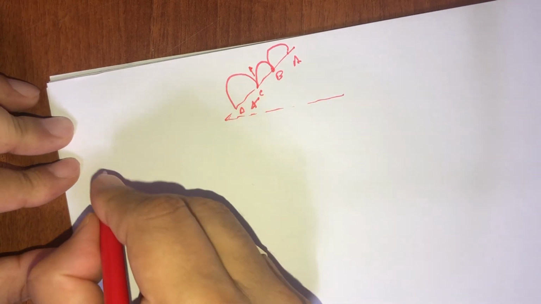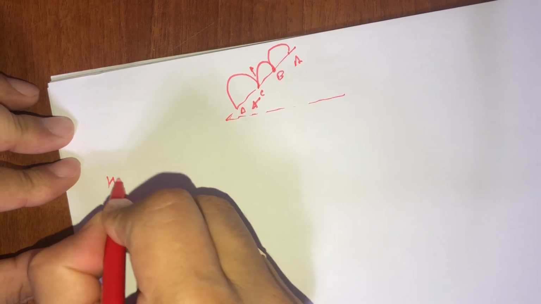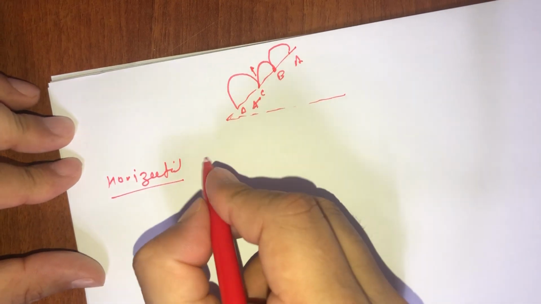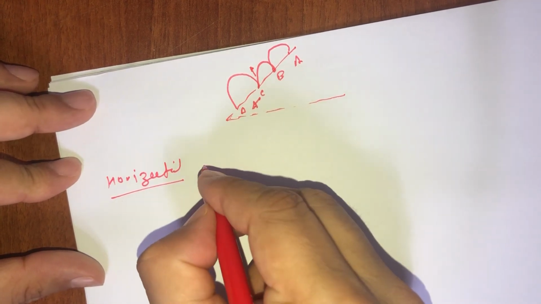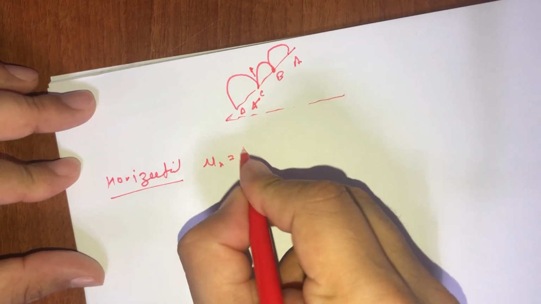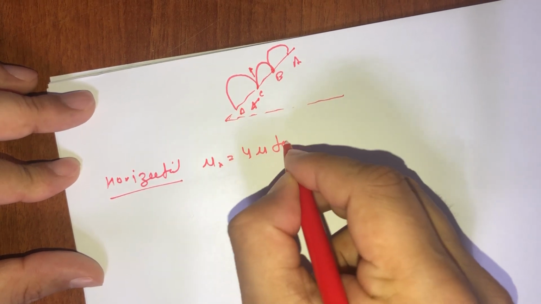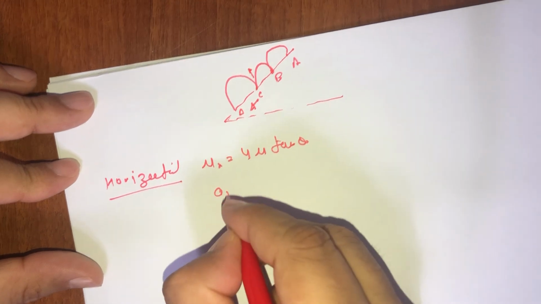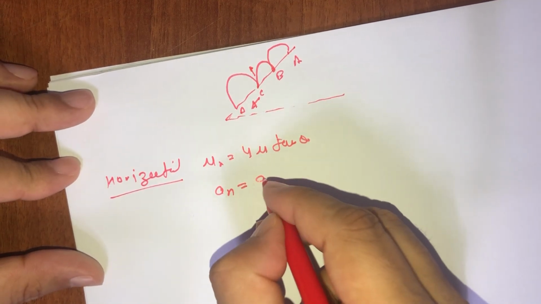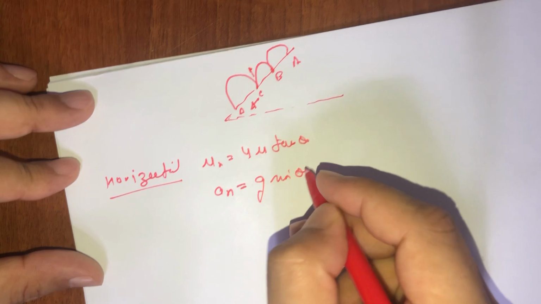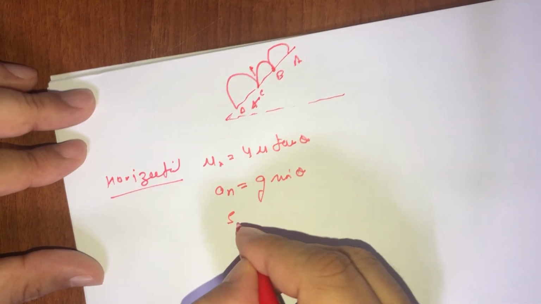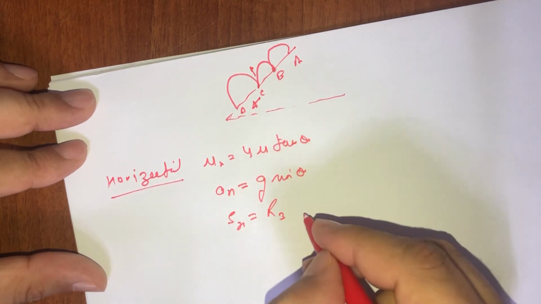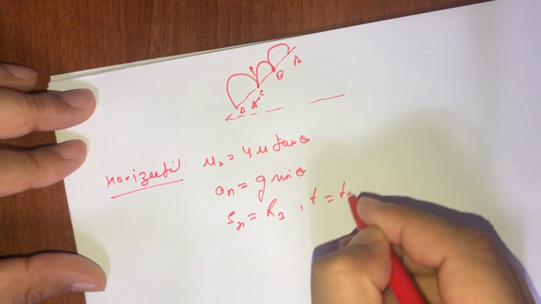Let us go for the horizontal first. We write u of x, which we already know is 4u tan theta, a of x is equal to g sin theta, and let us suppose the distance in the x direction is r3, that is range 3, and t is equal to t1.